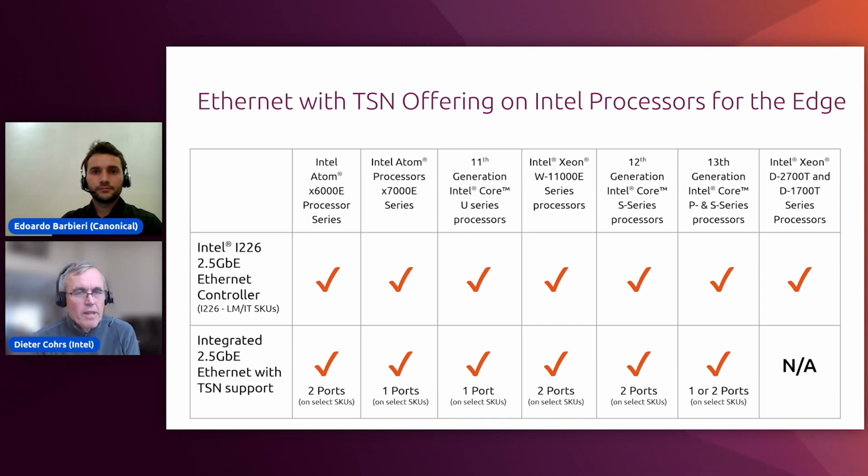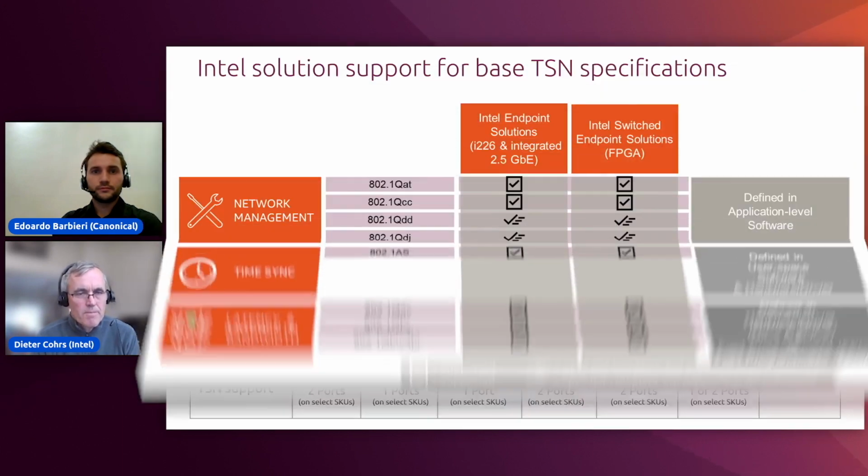Every platform that has real-time is validated with Intel i226, in the previous version i225, 2.5 gig Ethernet that offers TSN. So that's our default available TSN option. And then some of our platforms with varying number of ports also have integrated Ethernet. Our focus is definitely on the discrete going forward.